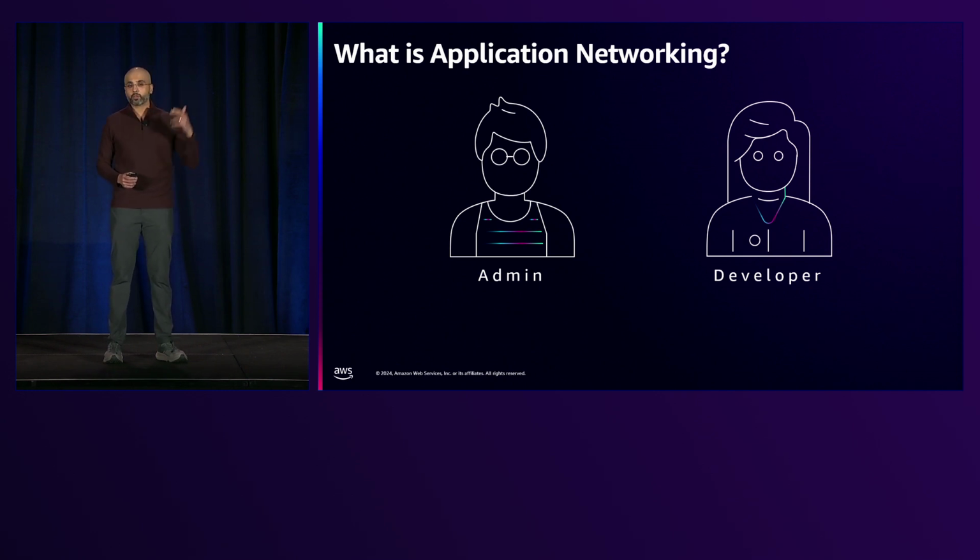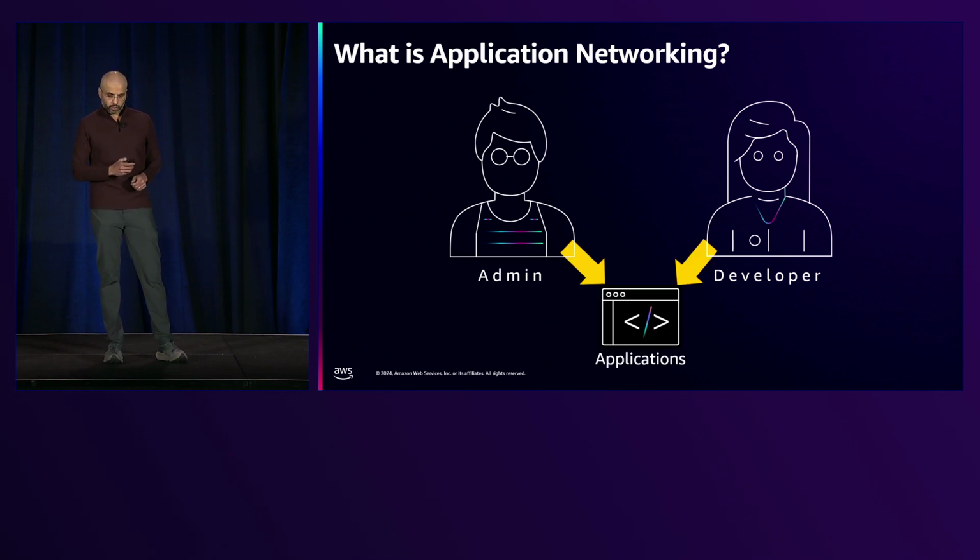To extend the previous example, an app developer will care about the features and performance of their application and not the IP that it resolves to or the subnet that it sits in. So application networking is the glue that helps these two personas work together to build highly scalable, reliable, performant, and secure applications using fully managed AWS services.